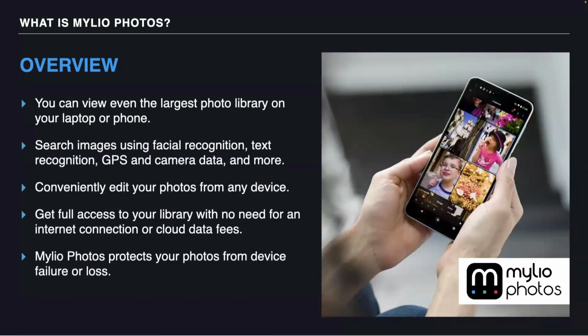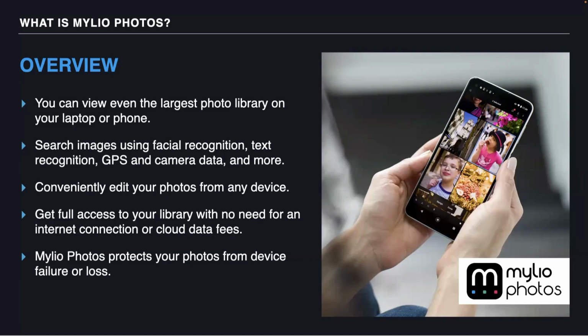Also, Mylio will store a very large photo library onto your laptop or phone. This does this by optimizing your images. There's a very robust facial recognition that's built into Mylio Photos, which we're going to be showing you today. Text recognition, GPS, so that it can find locations for your photos. And we've got a nice map that displays where your photos were taken, if you have that information. We can also manually do that as well.